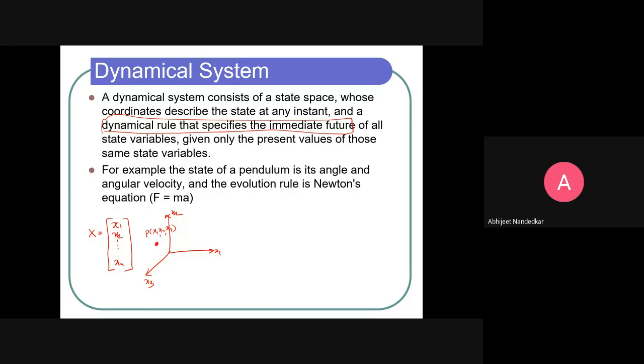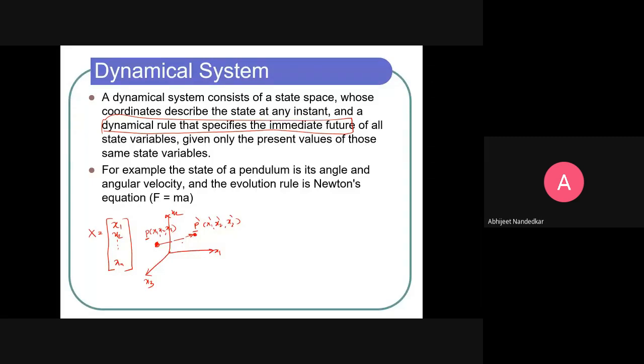The system is at this position. Now with the dynamical rule defined, my point may go to this position, say P dash, which has the coordinates x1 dash, x2 dash, and x3 dash. So from P to P dash, the system has moved with respect to some time variable.